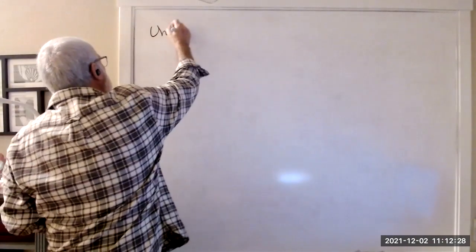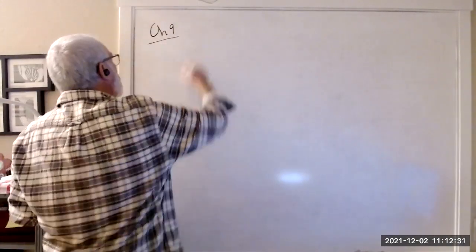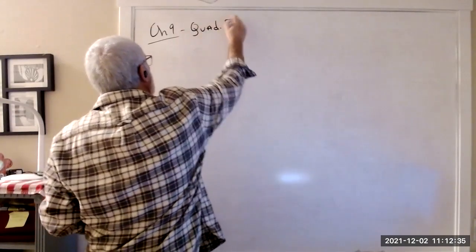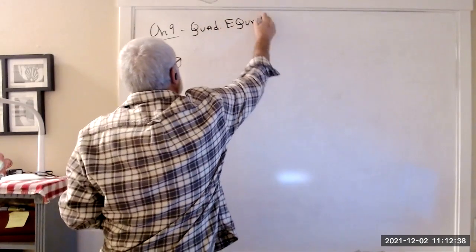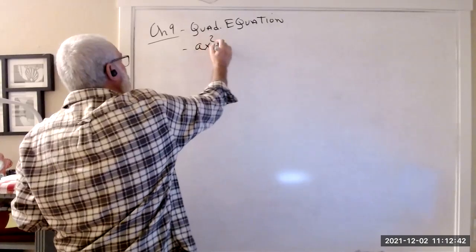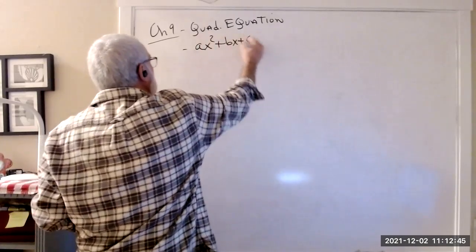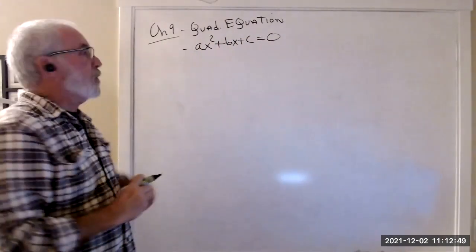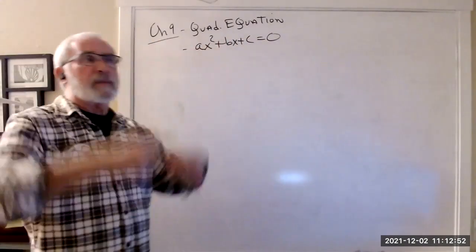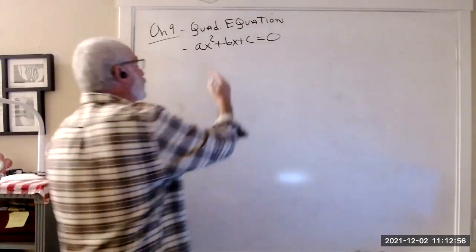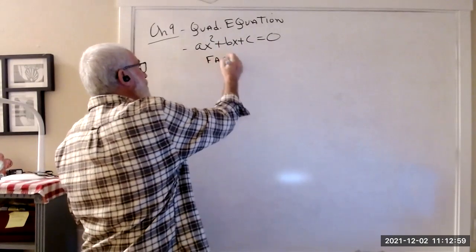Quickie review. Way back in chapter 9, we studied the quadratic equation. It was basically ax squared plus bx plus c equals 0. It was an equation that equals 0. And then we talked about all kinds of ways that we could solve it. We could solve it by factoring.